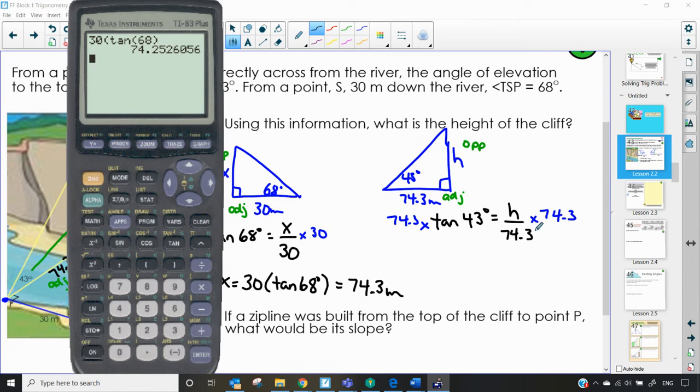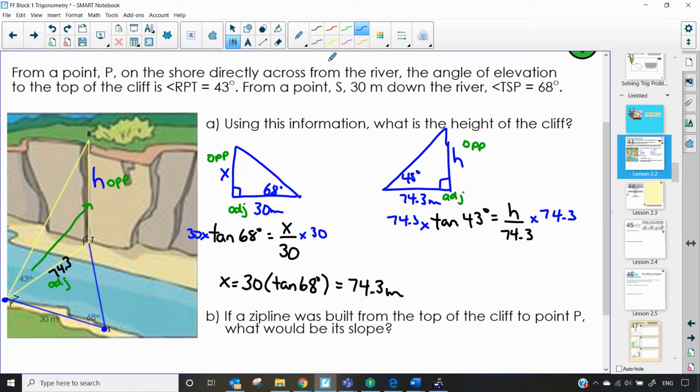All right, now for this question here, we're going 74.3 times tan 43. So I'm just taking that number and multiplying by tan 43. So I'm just going to hit the times button. It'll bring my answer forward and then type tan 43. And so that gives me an answer of 69.2.